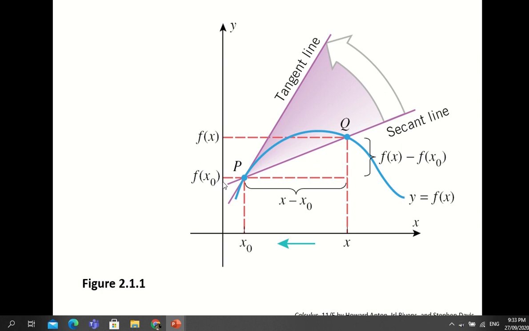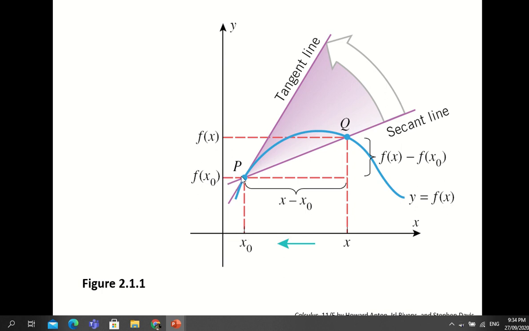If you can still remember from our previous lecture, we say that a point is composed of 2 components. That is the abscissa, which is the distance of the point from the y-axis. In this case, our abscissa is x sub 0, the distance from the y-axis towards this point.